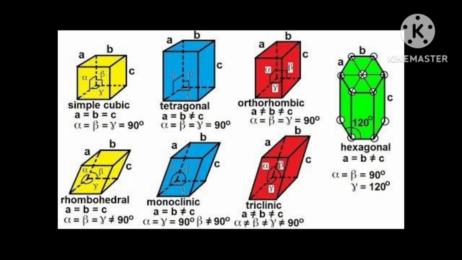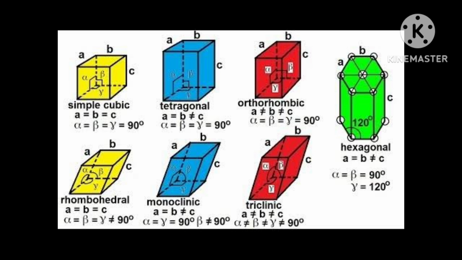And what are the sides? No sides are equal, all sides are different. A is not equal to B, B is not equal to C. And angles: again all angles are equal, meaning 90 degrees.